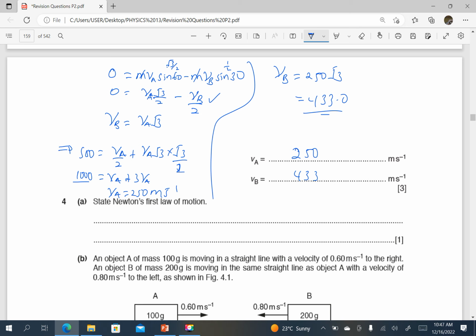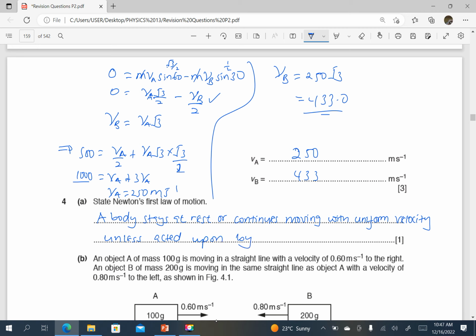State Newton's first law. We have said an object or a body stays at rest or continues moving with a uniform velocity unless acted upon by a resultant force.